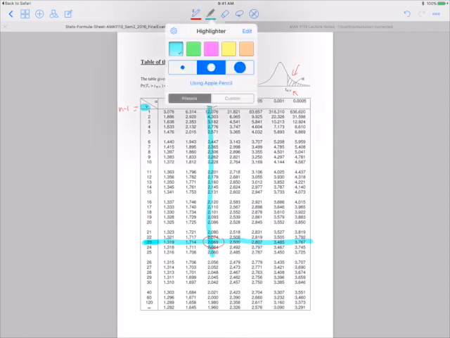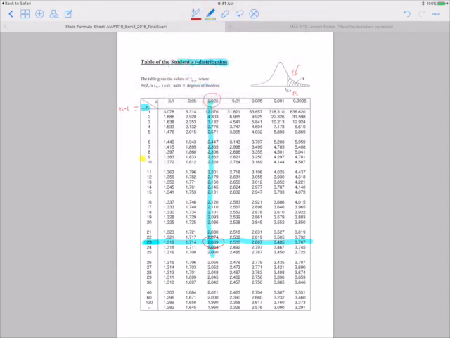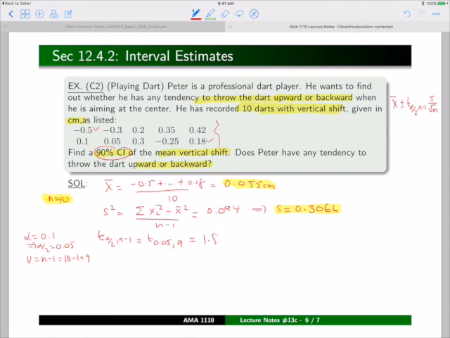Let's highlight in yellow this time. Degrees of freedom here is 9, and the alpha over 2 we're looking for is 0.05. It looks like our value of t alpha over 2, n minus 1 is 1.833. Let's highlight that. So we have everything.